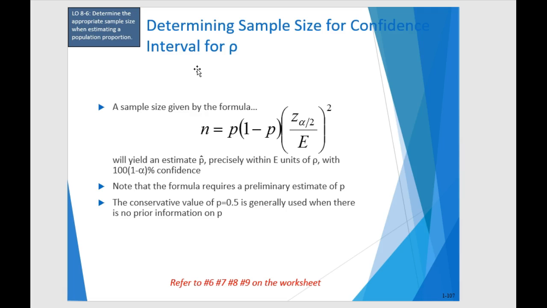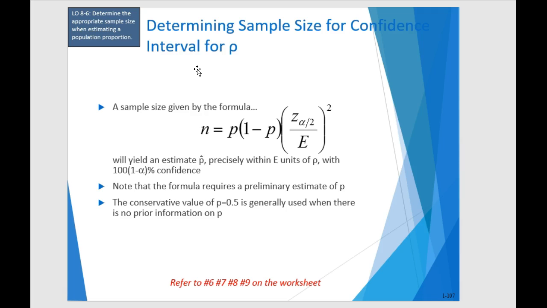Say we had p equal to 0.3. 0.3 times 1 minus 0.3, or 0.3 times 0.7, is always, by definition, going to be less than 0.5 times 0.5. So we just assume that p is equal to 0.5, and that's going to give us the largest n possible.